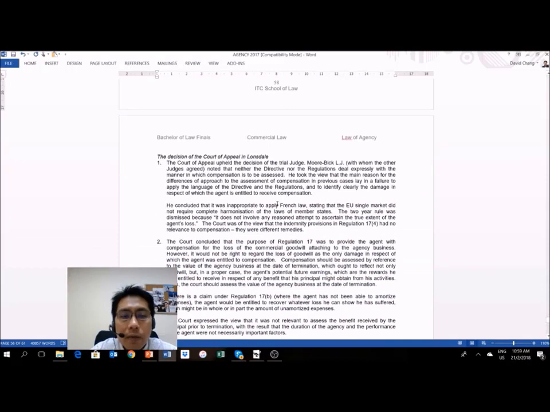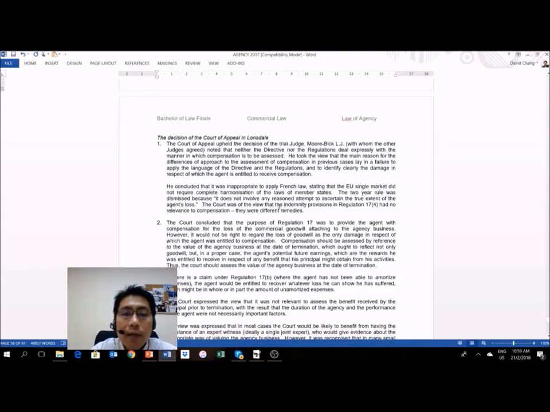And the case went, first of all, to the Court of Appeal, which delivered the judgment, which the House of Lords today has affirmed or confirmed. So that is the correct position now. And to highlight the key point, the court said that the French position or the French interpretation is inappropriate.